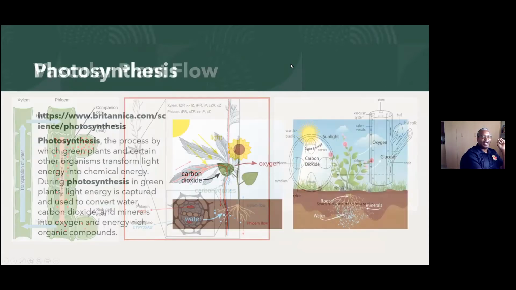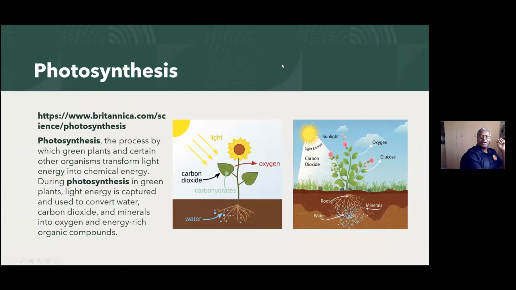Going to the next slide, we talk about photosynthesis. As you can see in the illustrations, photosynthesis, you may have heard about this in your biology class in high school, is basically light and carbon dioxide on the surface of the tree that creates the food source for the tree to grow.